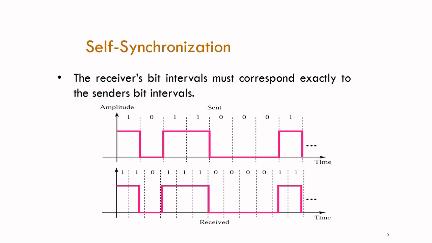So a good way to achieve self-synchronization is using transitions in the signal. Let's say I will read the data when I am having a transition. For example, suppose I encode this as a 0. So it's a falling edge, and that is when the transition is going to happen, and that's going to help us synchronize the data.